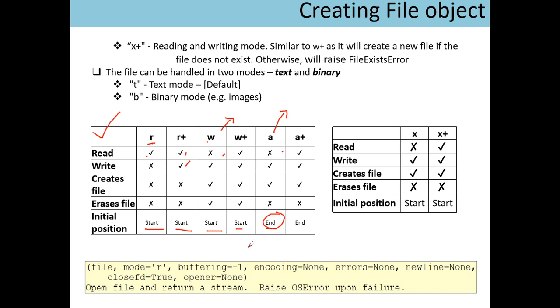As I told you, append will add the new content to the end of the file. That's why. Anyway, you can go through this matrix and you will understand. You have to do some practice of your own.